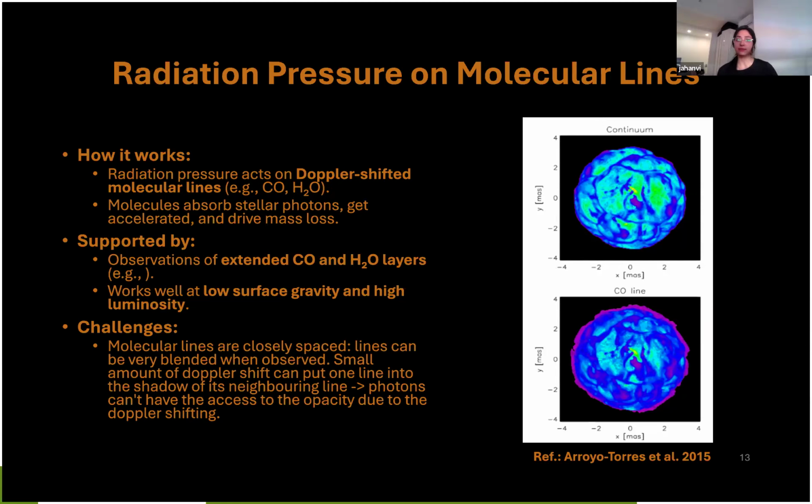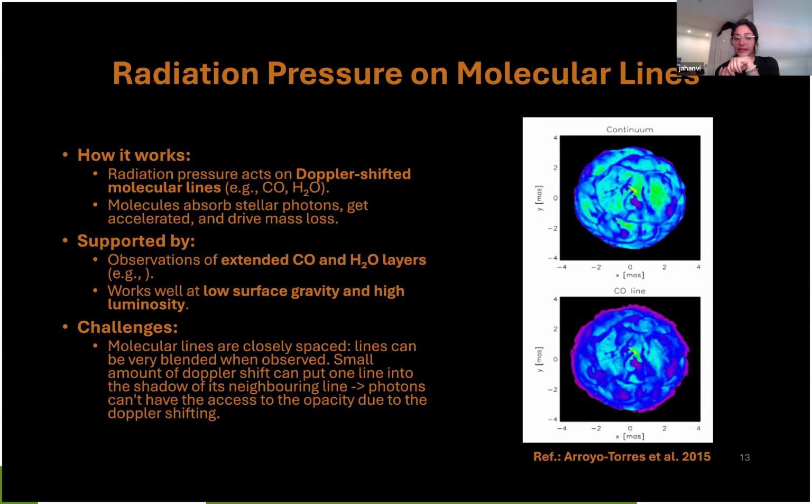Now the positive thing is that we do observe extended carbon monoxide and H2O layers. For example, in this picture that you can see here, we do have some carbon monoxide. You can see in the magenta color that these lines are present.